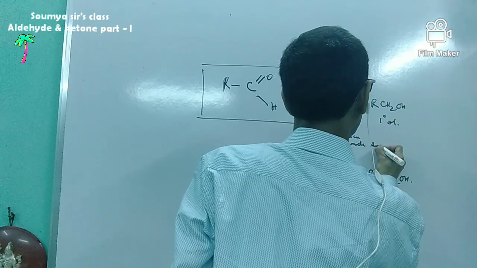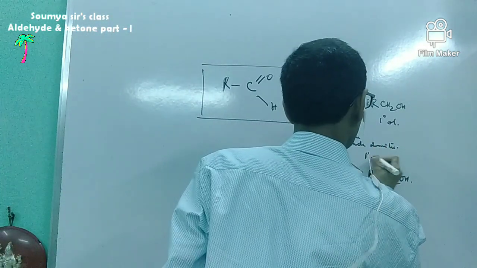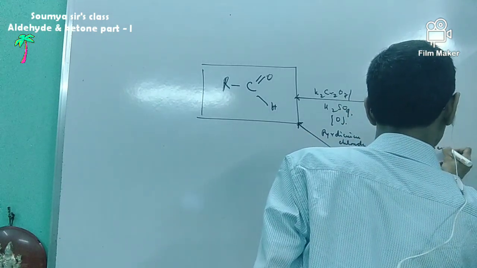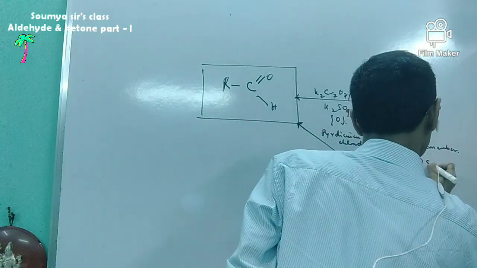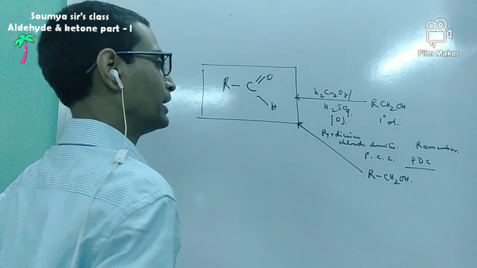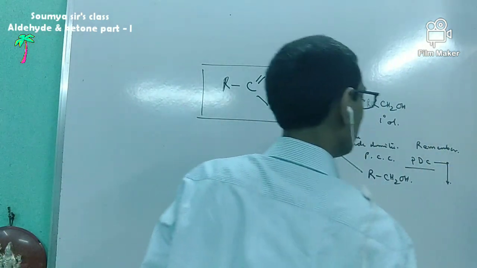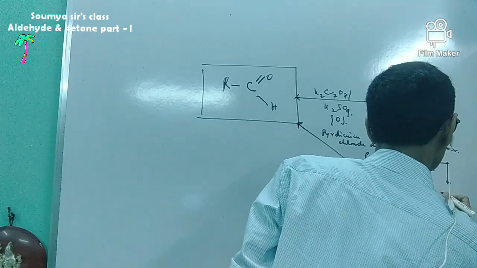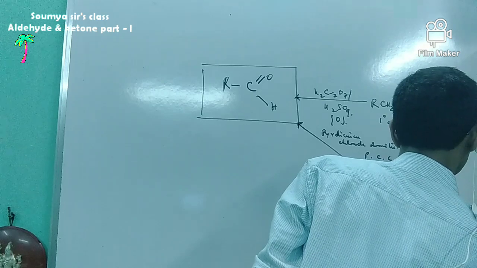Remember or note here that PDC, that means pyridinium dichromate, always converts second degree alcohol CH(OH) with R and R subsequently to R, R and C=O, that is from 2 degree alcohol to ketone.